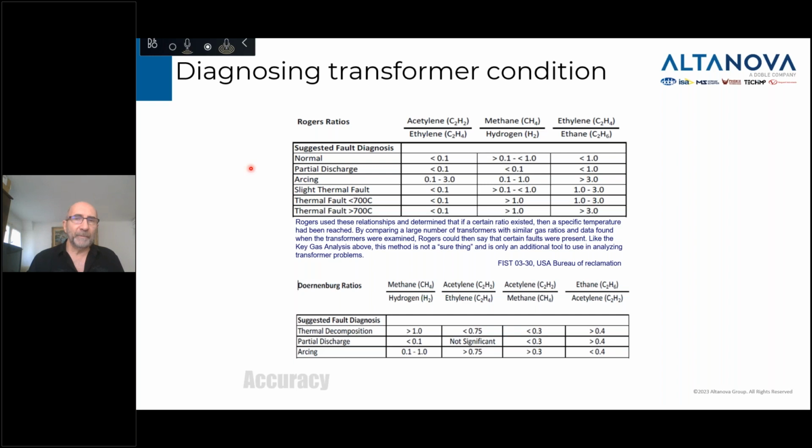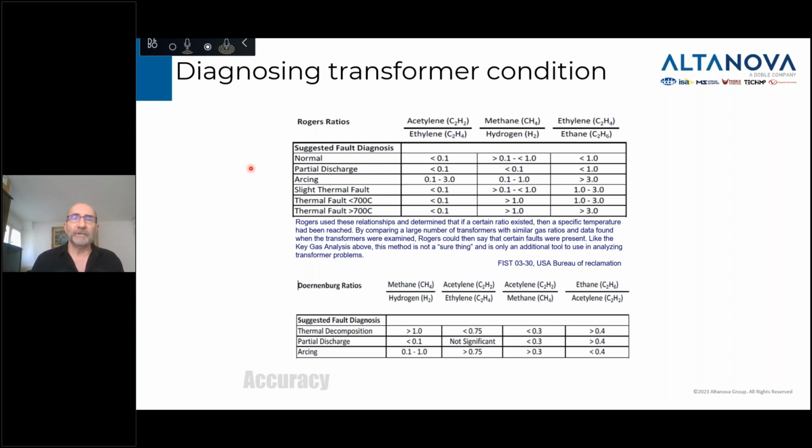Often what people will do is compare the diagnostic of each of those three. The past experience from a lot of customers is that if those three tools, the Rogers ratio, the IEC, and the Duval triangle, arrive at the same diagnostic conclusion, you have a very, very high probability that this is the right fault being developed in your transformer.